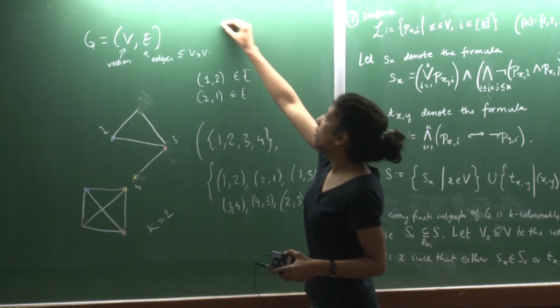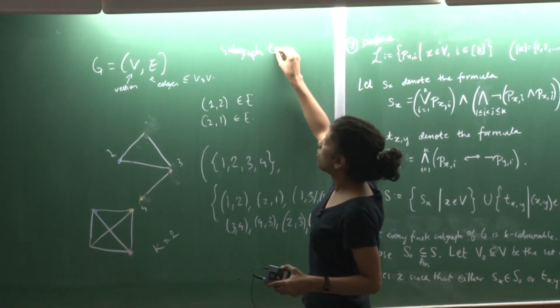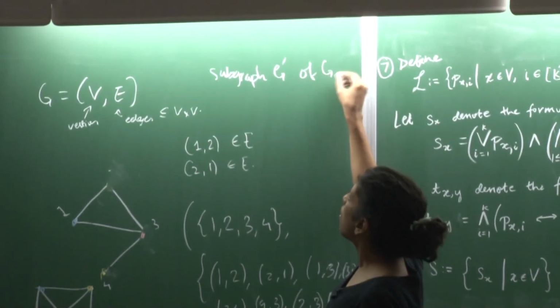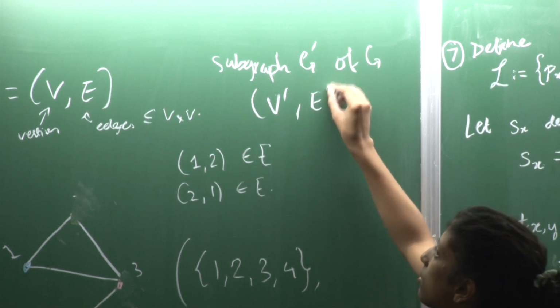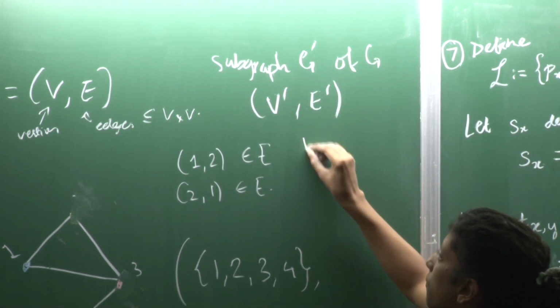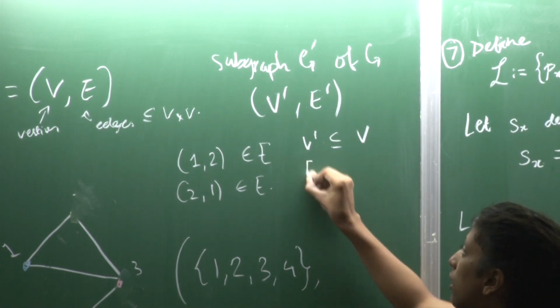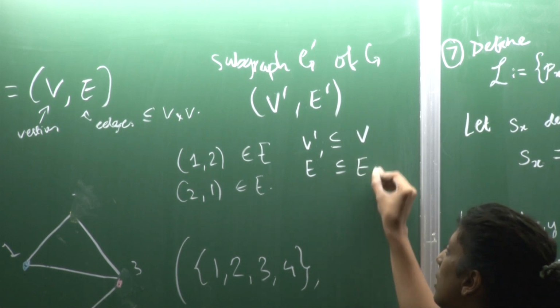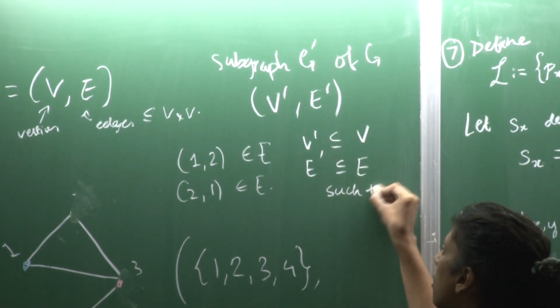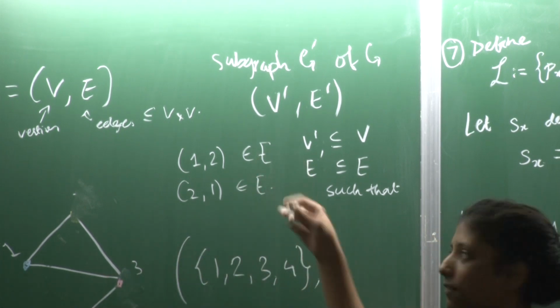A subgraph G dash of G will be a set V dash comma E dash, where V dash is a subset of V, and E dash is going to be a subset of E such that you are only taking edges of which the vertices have survived.